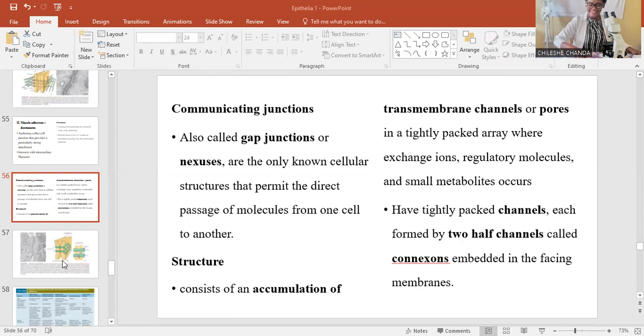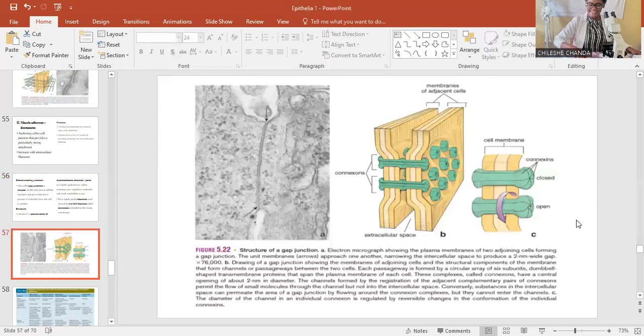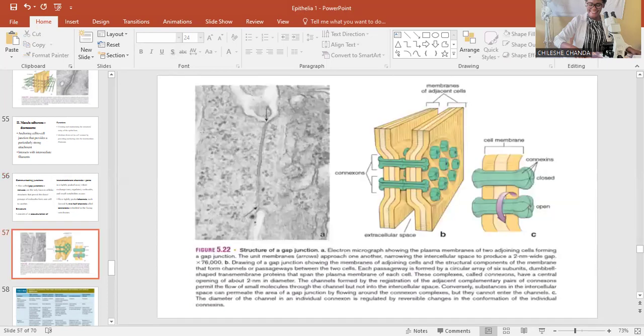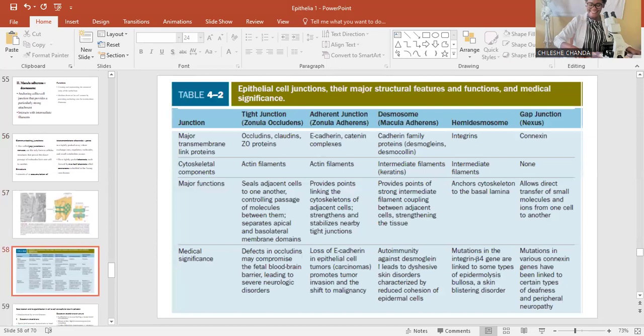So those are, for example, this diagram here. We are going to have these transmembrane proteins over here, which are connecting to the transmembrane proteins of the other cell, and these proteins are known as connexons, and they are going to have a channel, okay, a channel through which particles and molecules can pass from one cell to the other.